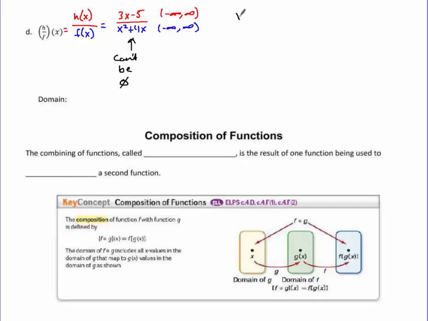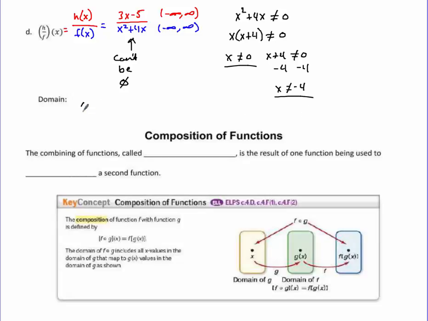So to do that, we take the bottom and we say that it has to be not equal to 0. So we factor it. So we have that x can't be 0 and x can't be negative 4.